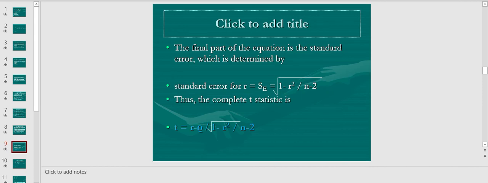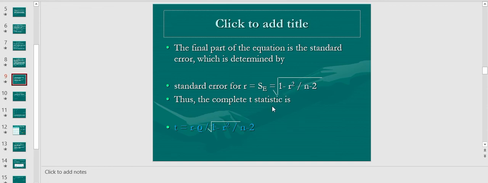The final part of the equation is the standard error, which is determined by the formula: the standard error for r is equal to the square root of 1 minus r square divided by n minus 2. That is the step for the standard error.